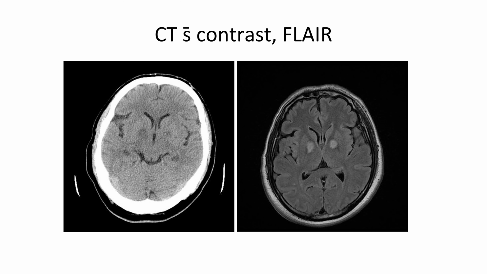The next image shows a nice comparison between a CT scan and an MRI on the same patient. So this is a patient who had a cardioembolic stroke. It showed up as a small stroke on CT scan. You can hardly even tell that anything is wrong there, but if you look, there is some amount of small hypodensity near the lateral ventricles that has a little punctate point of probably hemorrhage in the center.